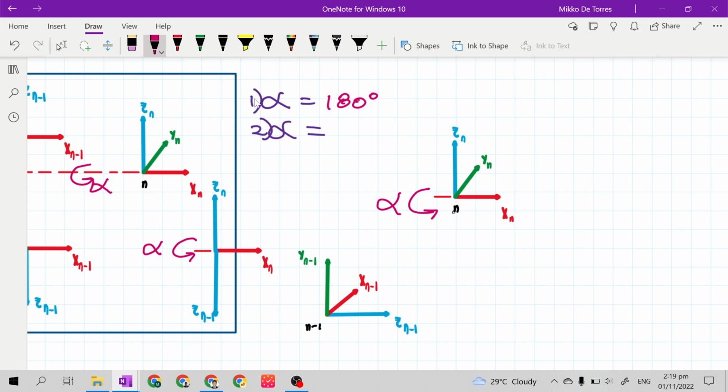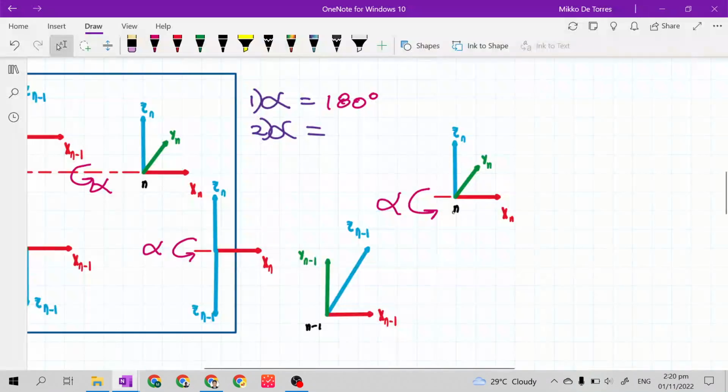The technique here is to imagine that, sorry, you can't have x sub n minus 1 parallel to x sub n, so I will point x sub n minus 1 to the back. So this will be x sub n minus 1, then this is z sub n minus 1.